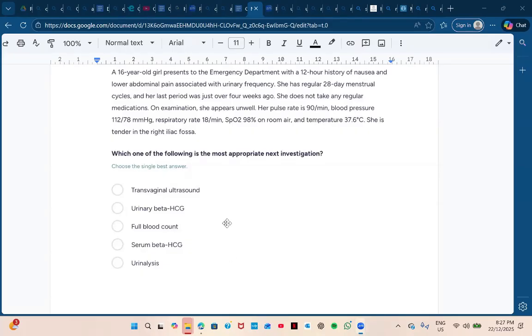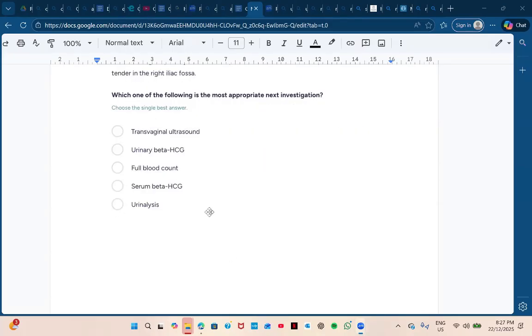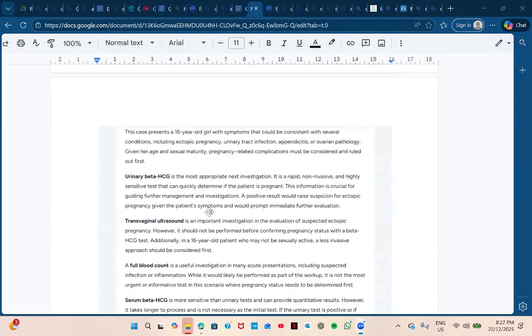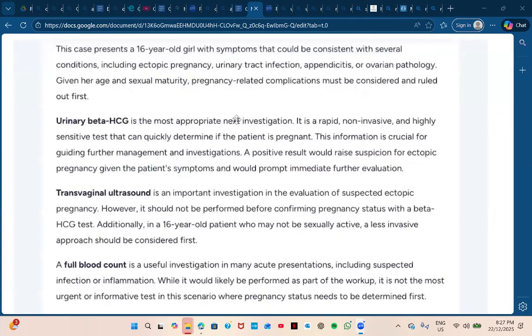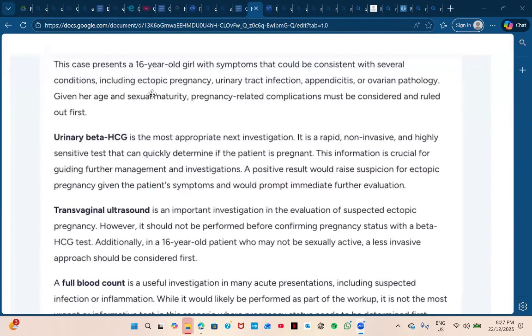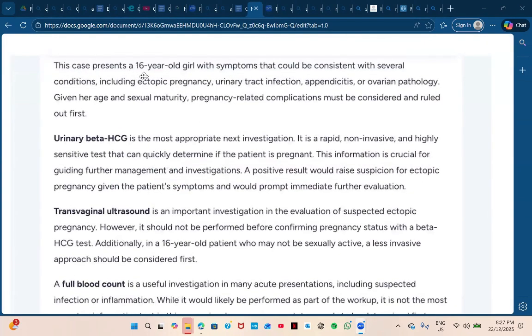Okay, so everyone is going for urinary beta HCG. Let's check the answer. In this case, we have a 16-year-old girl with symptoms that could be consistent with several conditions, including ectopic pregnancy, urinary tract infection, appendicitis, or ovarian pathology.